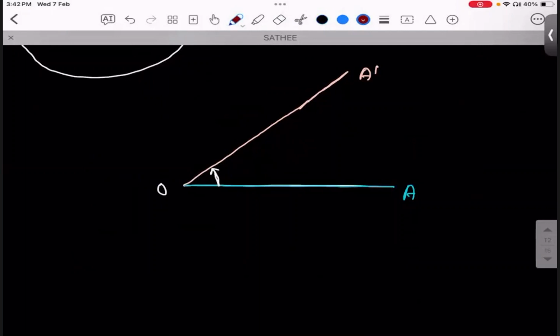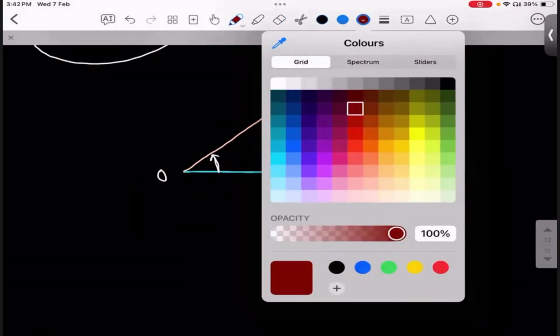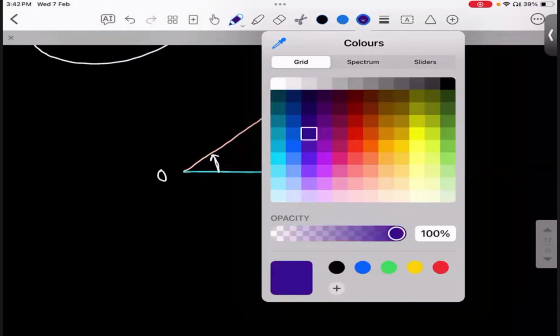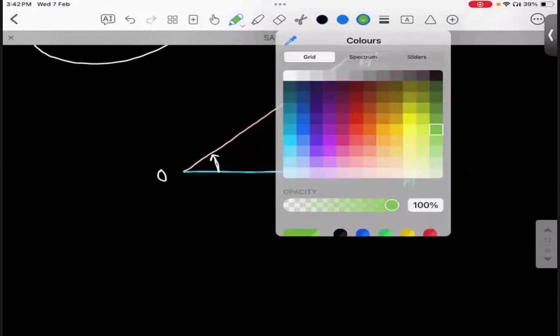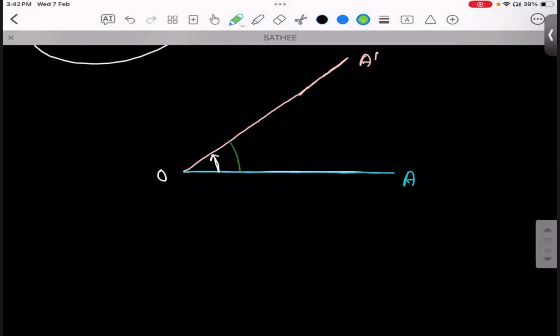For this case, we need to draw a unit circle. So let us draw this in a different color. Purple. So suppose this is our unit circle.